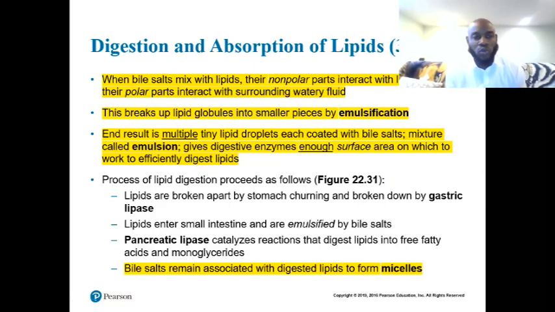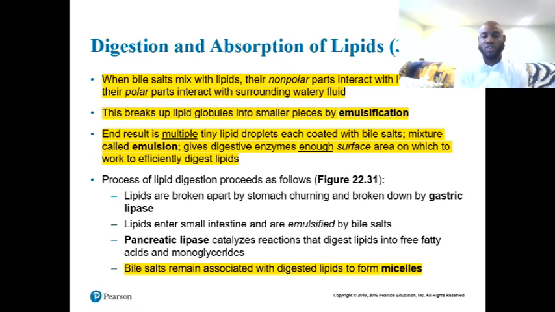While bile salts mix with lipids, the nonpolar parts interact with lipids, while the polar parts interact with the surrounding fluid. This breaks up the lipids into smaller pieces by what we call emulsification. The end result is multiple tiny lipid droplets coated with bile salts. Now the digestive enzymes can work on these surfaces.